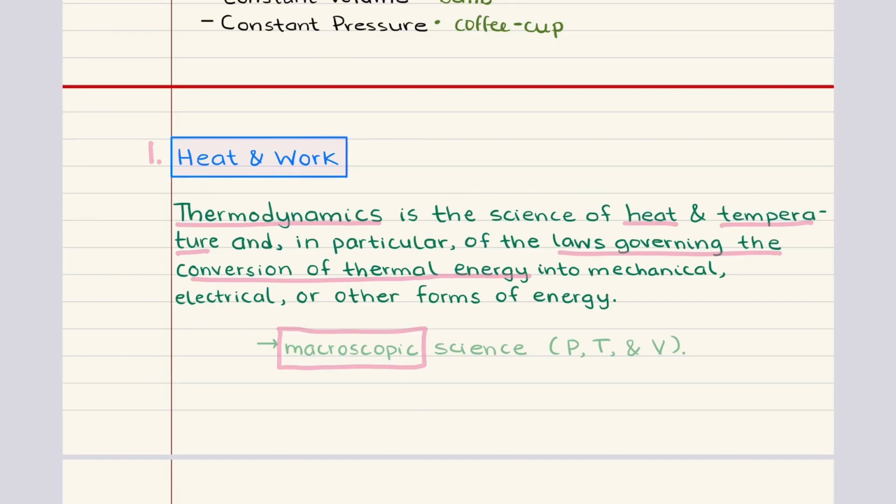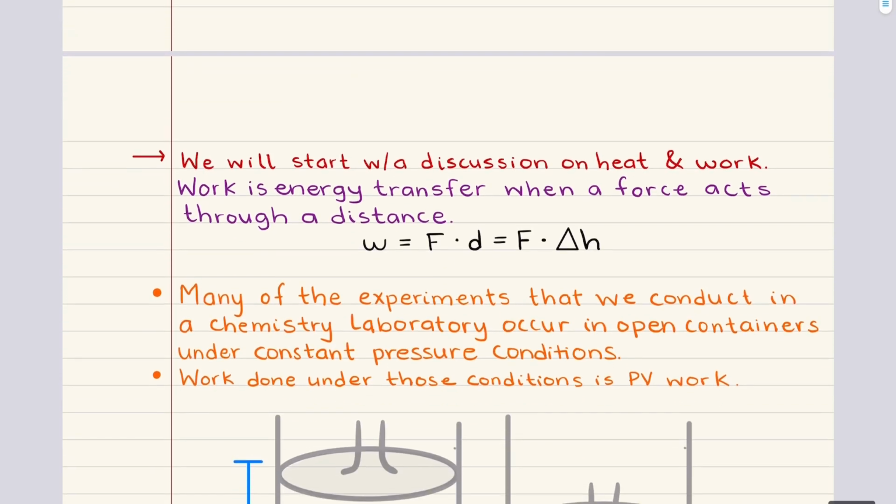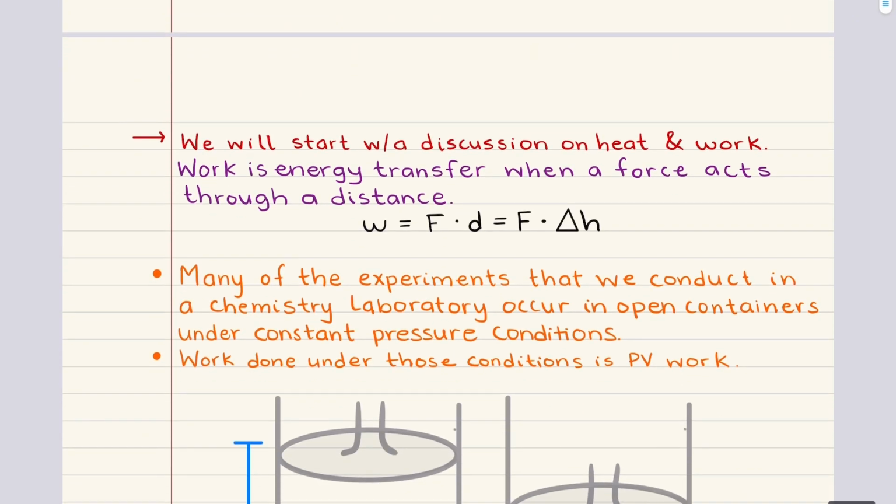This means that we are describing systems in terms of measurable bulk properties like pressure, temperature, and volume, rather than following the motion of individual particles. And by studying these macroscopic variables, we can then predict and quantify how energy is transferred between a system and its surroundings.